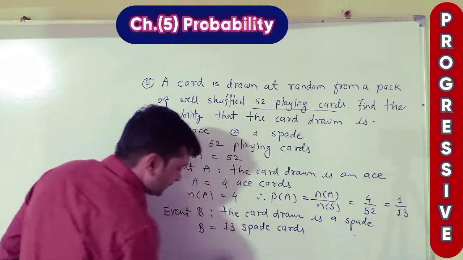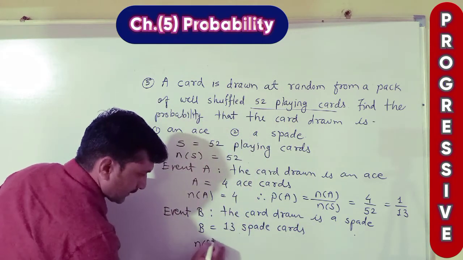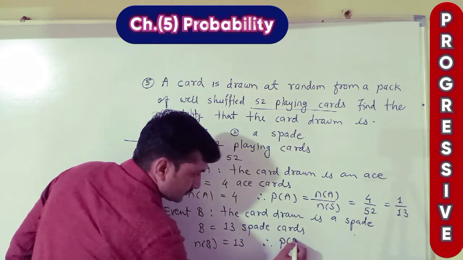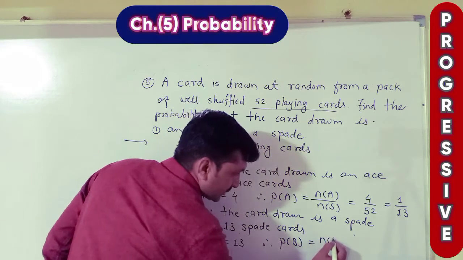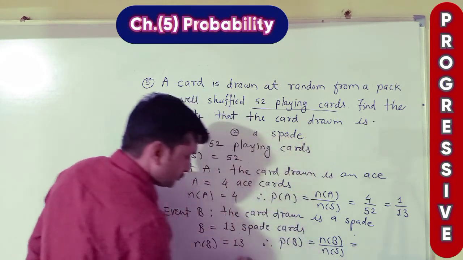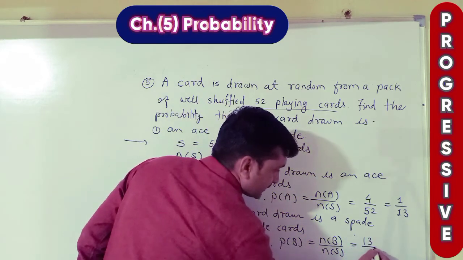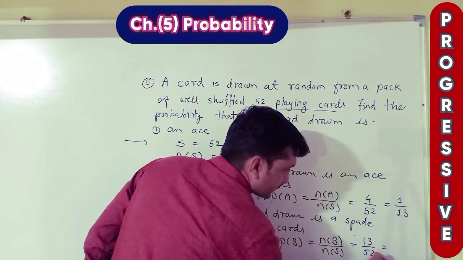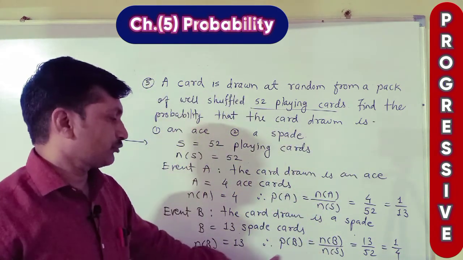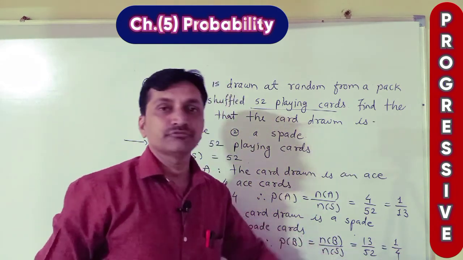Therefore number of B is equal to 13. Therefore P of B is equal to NB upon NS. NB 13 upon NS 52, reducible by 13. 13 1s are 13, 13 4s are 52, 1 upon 4. Probability of event B is equal to 1 upon 4.